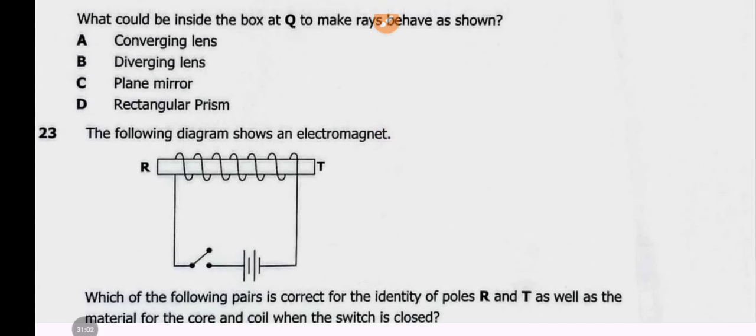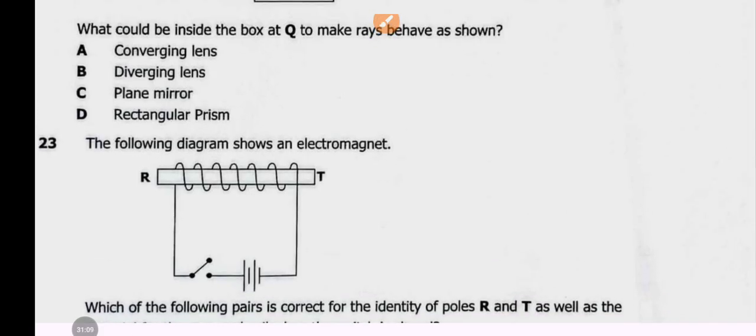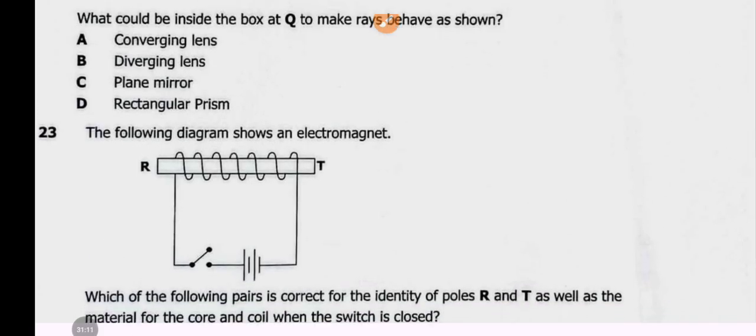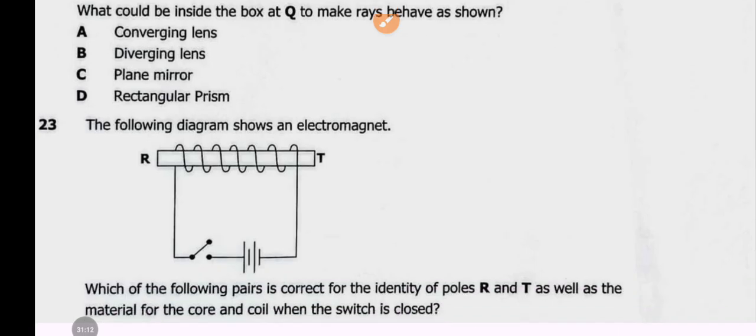I thought T was referring to this point. Actually, it's a polarity. So even before we get to identify the core and coil, let us get to know how to determine the polarities of this electromagnet that is formed.